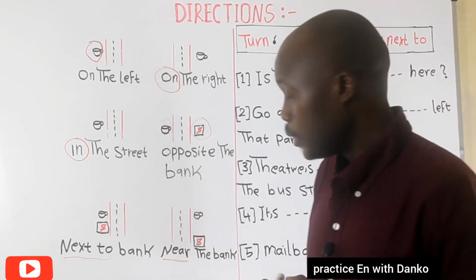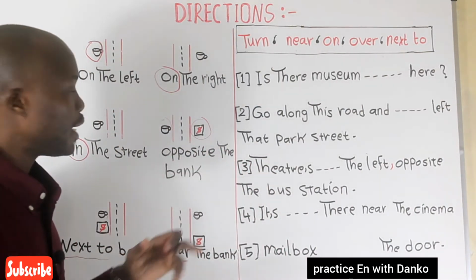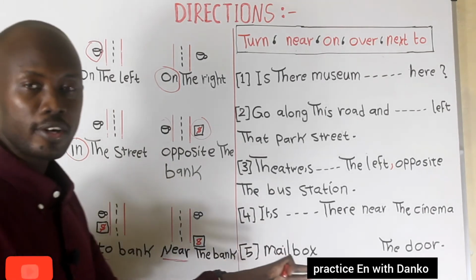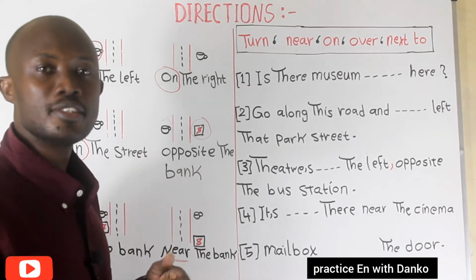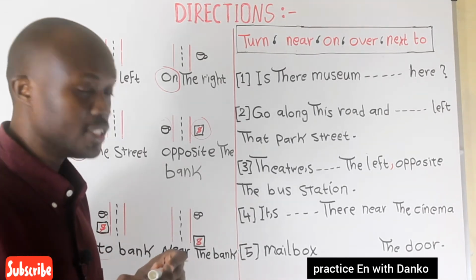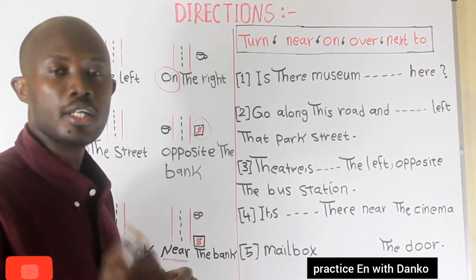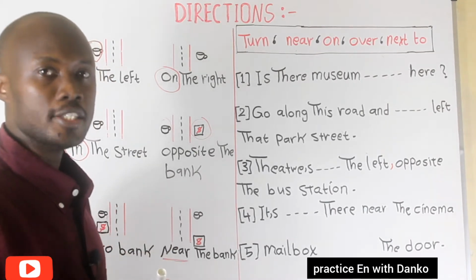So that is about this part. In the next part we're going to do a quiz together to understand more clearly how to give someone directions. As we said, the definition of direction is instructions to give someone on how to find a particular place.